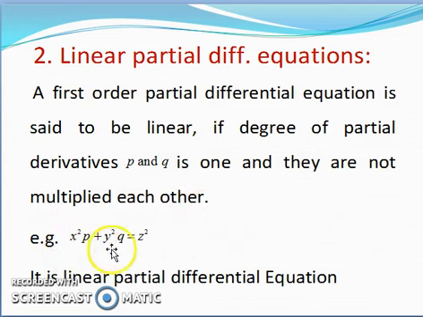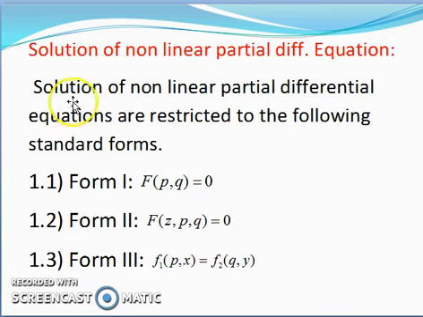Look at this equation: x square into p plus y square into q is equal to z square. In this partial differential equation, the degree of p and q is 1 and p and q are not multiplied with each other, so it is a linear partial differential equation of first order.